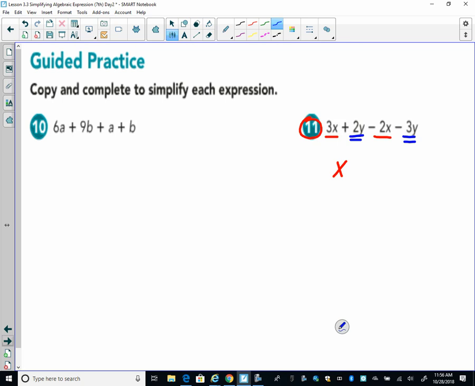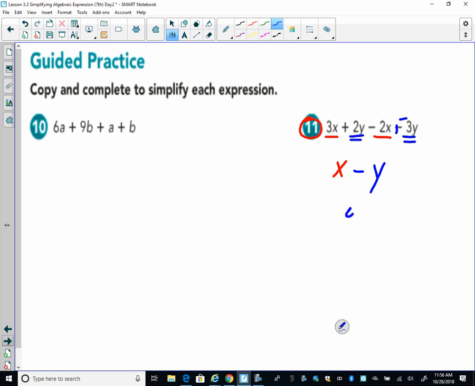If I wanted to, I could use add up, and that becomes 2y plus negative 3y. Well, positive and negative, we actually subtract. So 3 minus 2 is 1. That would give me 1y, and it's going to be a negative. My final answer would be x minus y.